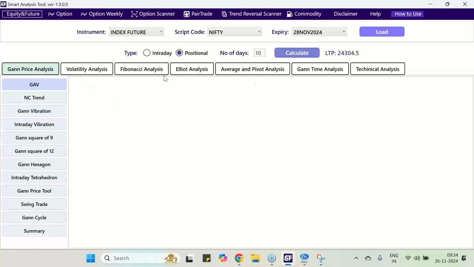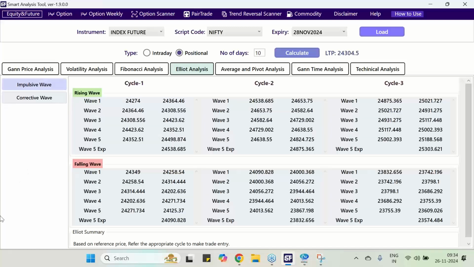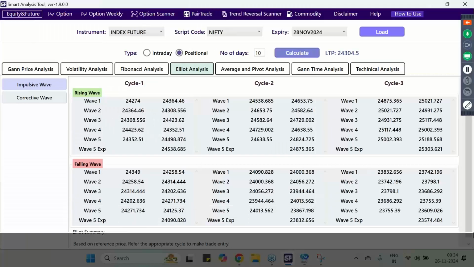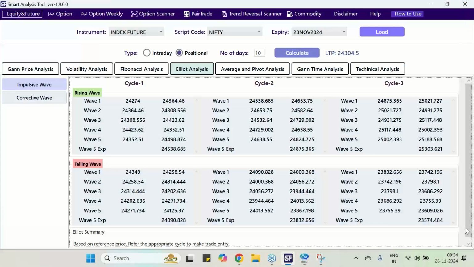So here I'll be going for the Elliott wave. It is giving the impulsive cycle. Now I'll take these values into account and take a copy of this picture.